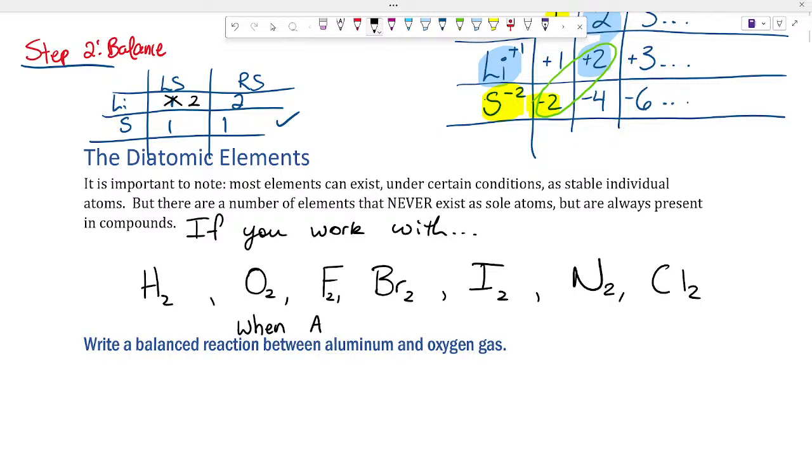When alone, they're always paired up as H2, O2, F2, Br2, I2, N2, Cl2.